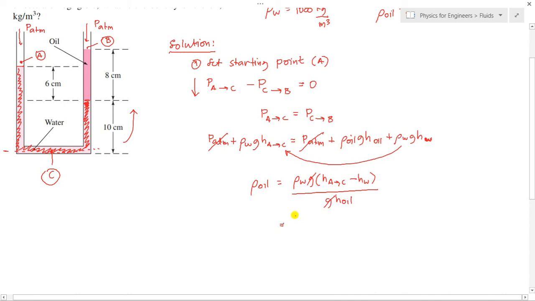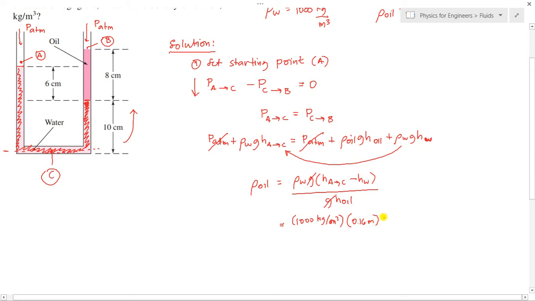We all know the density of the water is 1,000 kg per cubic meter, multiplied by the height of the water from point A to point C, that is 6 plus 10, that is 16 cm. Convert into meters to be consistent with the density, that is 0.16 meters.